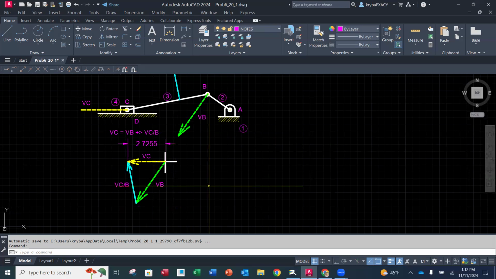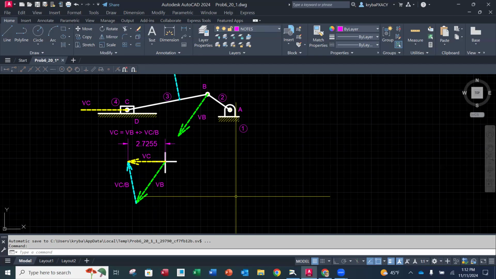Now, you might say, don't I need to determine the magnitude of the velocity of C relative to B? The answer is no, unless the problem asks you to do that. The final answer for this problem was, what is the velocity of the slider? How fast is that slider going? This is the answer for that. The slider is point C, velocity of C, which is on the slider, and it is going horizontally to the left at 272.55 inches per second.